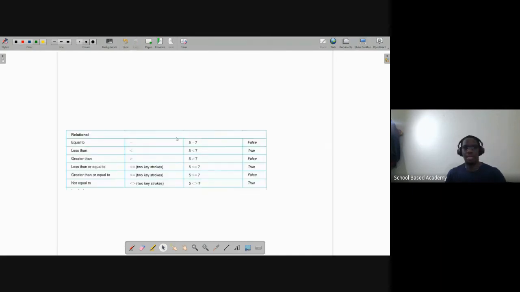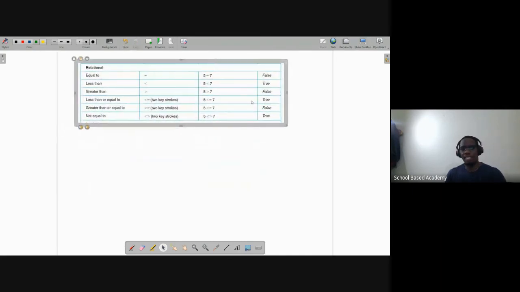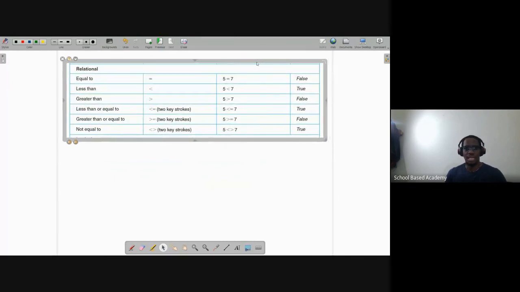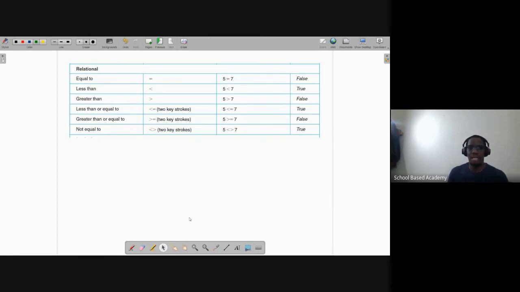Okay. Right. And so relational operators are simple. We have 6 relational operators. We have equal to, less than, greater than, less than or equal to, greater than or equal to, and not equal to. Relational operators are comparison operators.